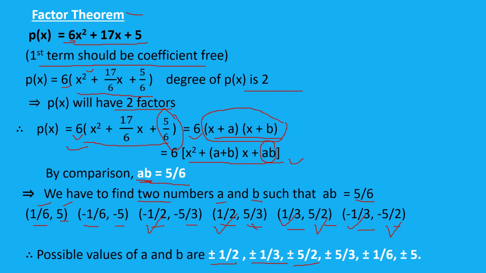Now here plus 5/3 and minus 5/3, so plus minus 5/3. Plus 1/6 and minus 1/6, so plus minus 1/6. And the last one, plus 5 and minus 5, so plus minus 5. So these are the possible values of a and b.